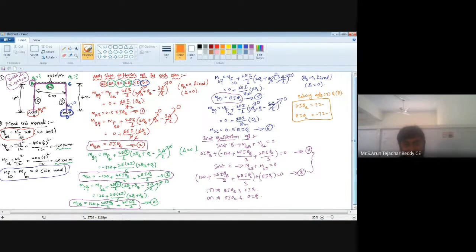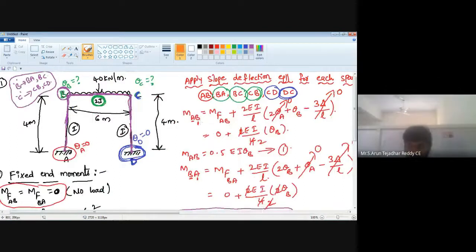In the second step, we have 6 equations. If you substitute these two values in all the 6 equations, automatically we will get our final moment values. Suppose we take MAB first.